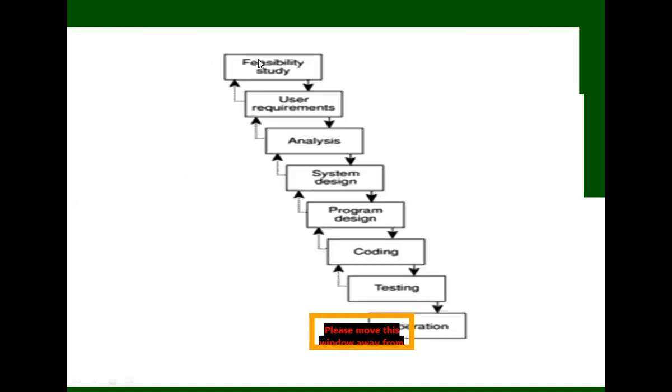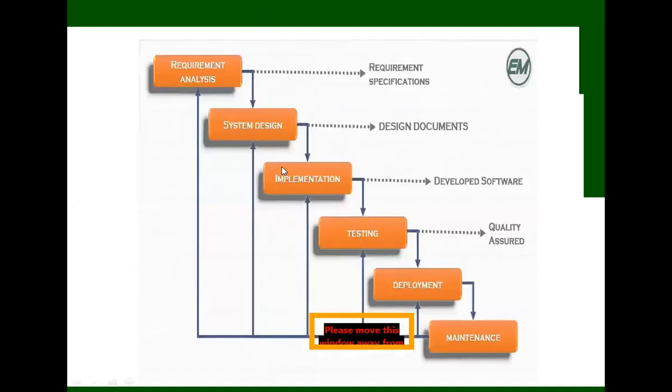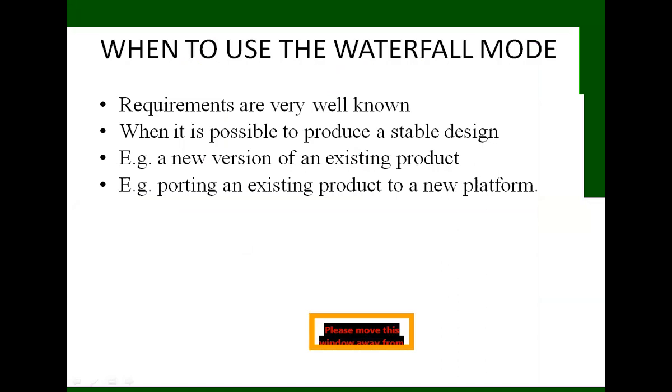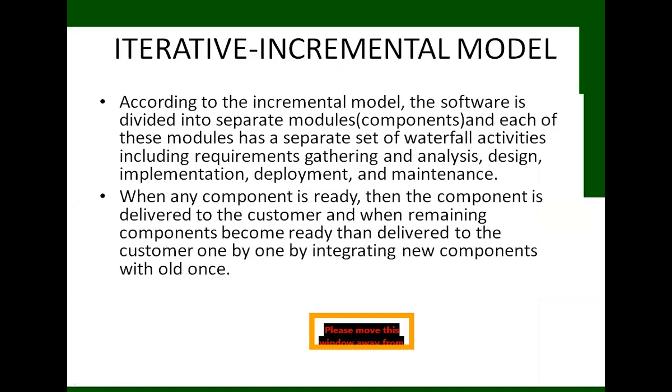Every project must do all these: requirements, analysis, implementation, testing. Every model will do these, but they are chosen in different categories. In the waterfall model, we are using a linear sequential model, and in the incremental model, we are using iterative methods.